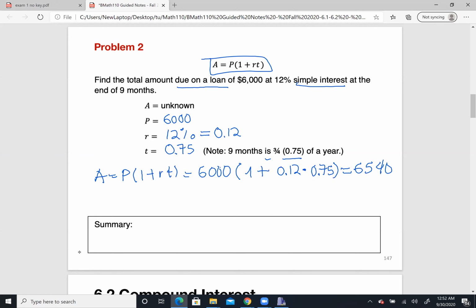So this should be the total amount due on a loan of $6,000 at 12% simple interest at the end of 9 months.